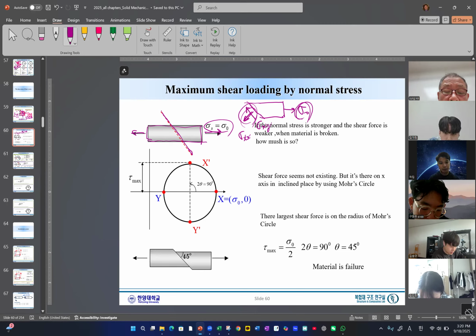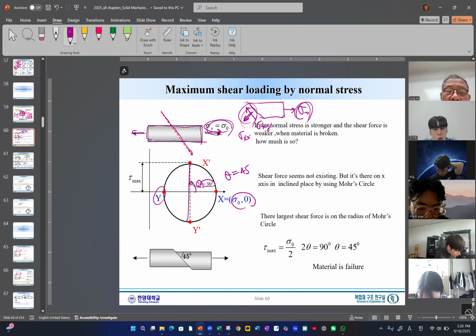And then we can plot this and now y here, and then we can rotate. Since this is 2 theta equals 90 degrees, theta equals 45 degrees, an important angle. At 45 degrees on this plane, this shear will be a maximum.